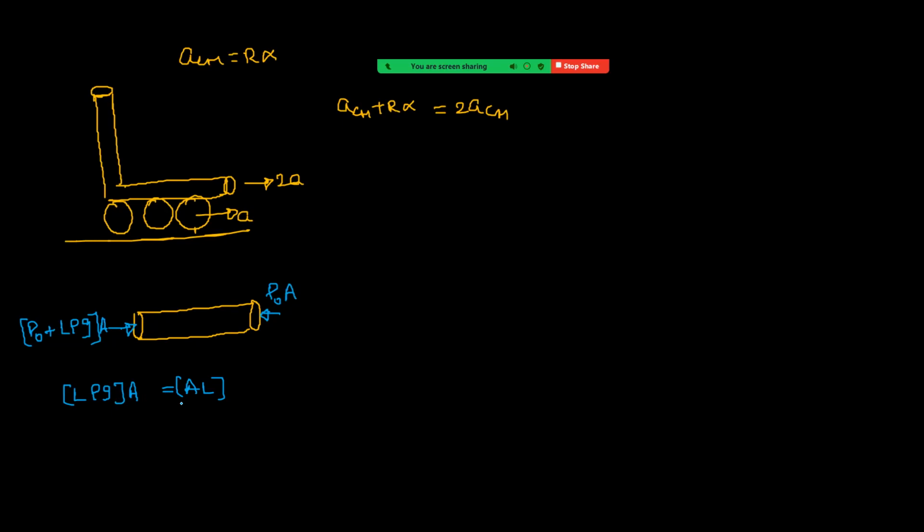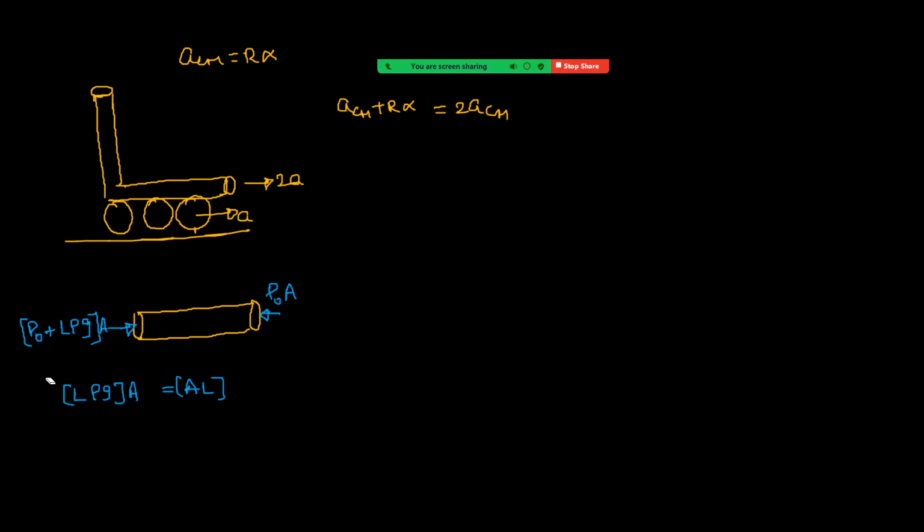Just cross check once. What is that length given? Is it L or H? Let me cross check once. See the question once, the notation given there. Right, I have taken the notation wrong here.